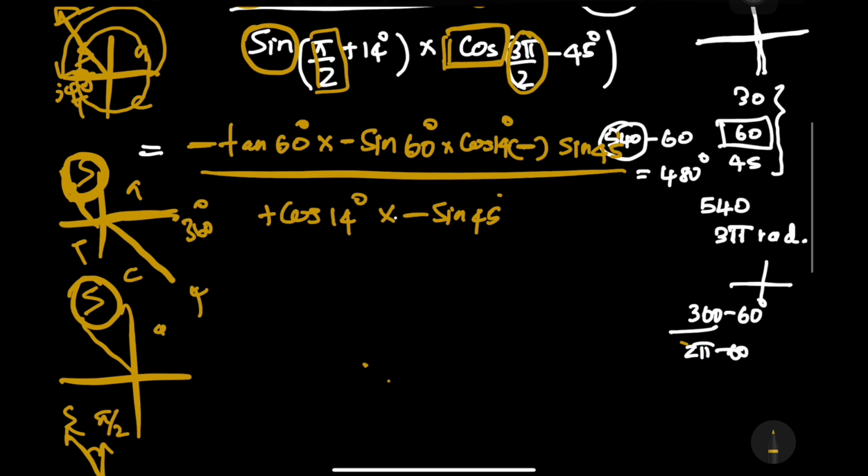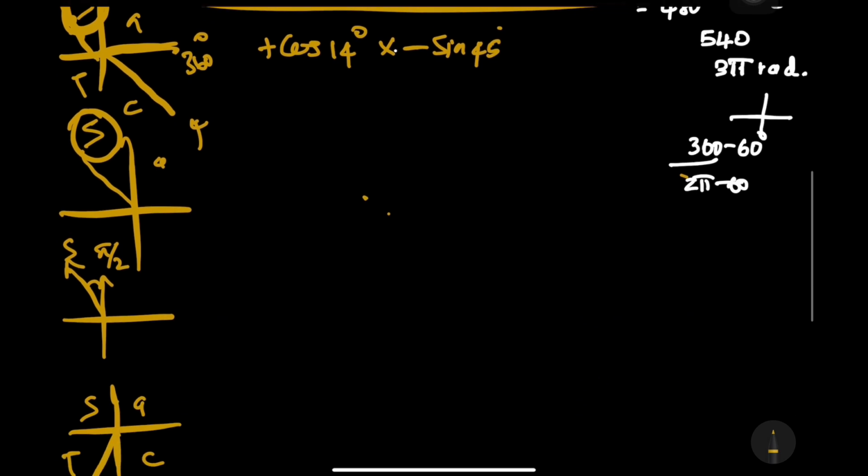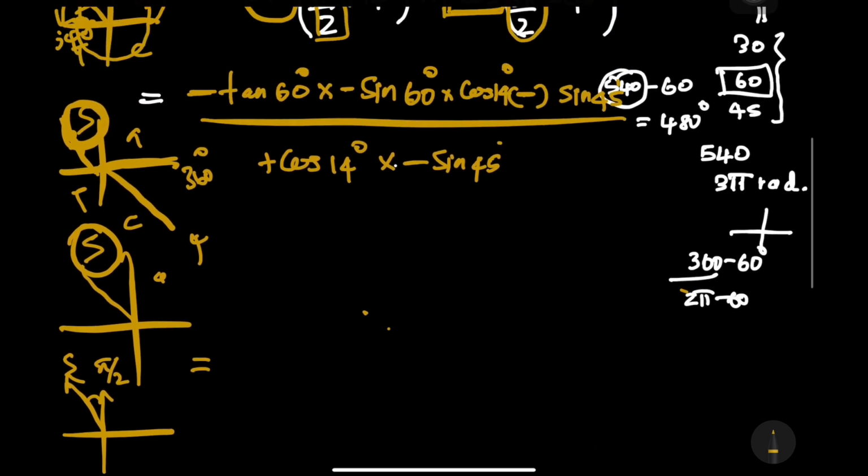So you're using the concept we learned before to find out the values quickly. So in this case, minus tan 60 degree into this minus into minus.